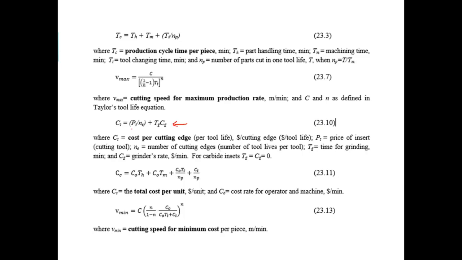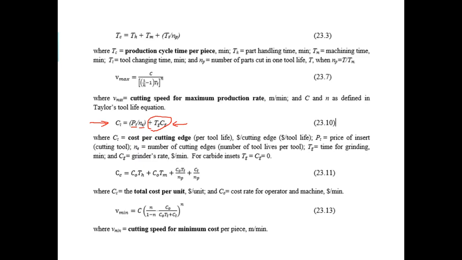In this equation, we've got the cost of insert divided by the NE, and NE is the number of cutting edges, and then we've got also to consider the time of grinding times cost of grinding, and this information is given in the statement of the problem as well. So we make use of this equation in order to compute the cost of tool when regrindable cutting tools are used.